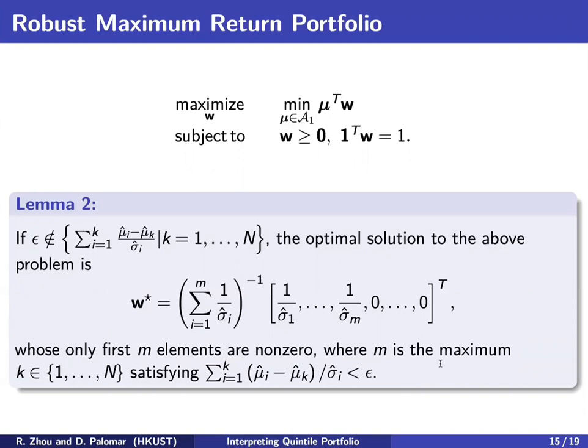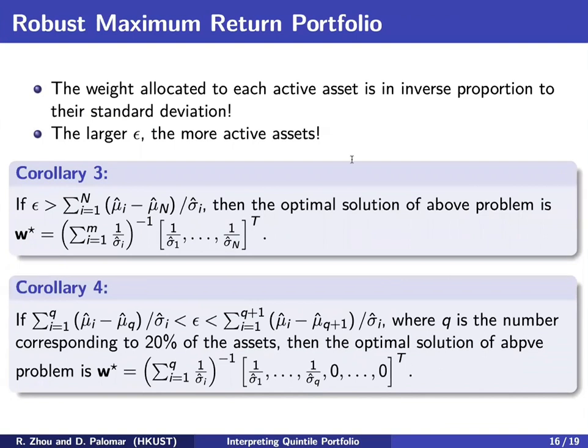So now we have shown that the weight allocated to active assets is inversely proportional to their standard deviation. And the larger epsilon, the more active assets, very similar to the previous one. Also, if the estimation error is larger than a threshold, we get a portfolio very similar to the 1 over n portfolio.